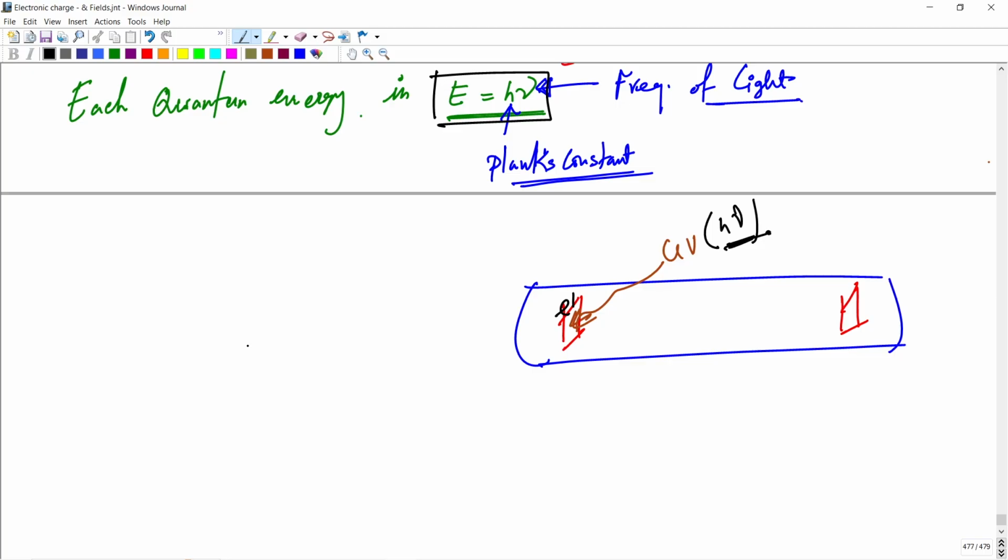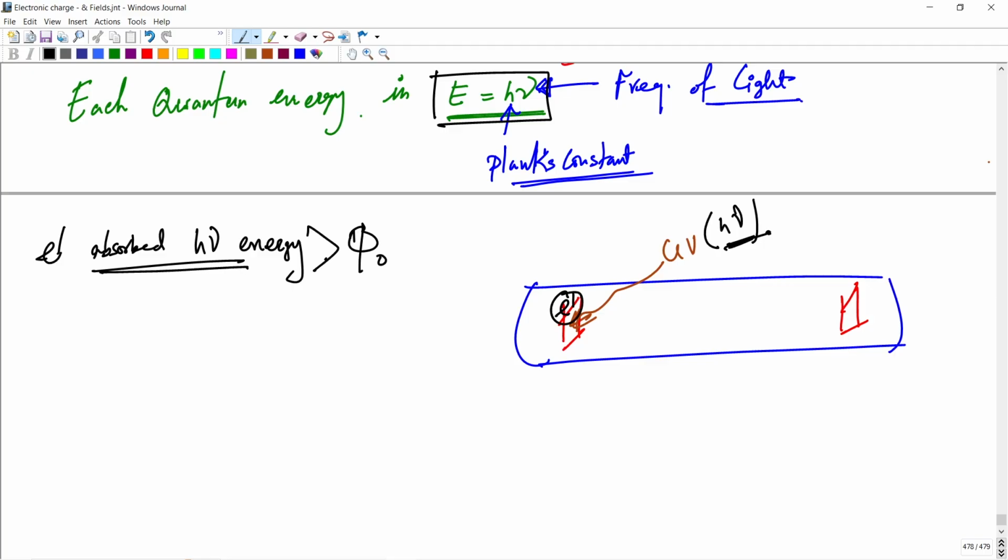When an electron absorbs h nu energy, and this absorbed energy is more than the work function, obviously, when this energy is greater than the work function phi naught, then this electron escapes from the metal surface.